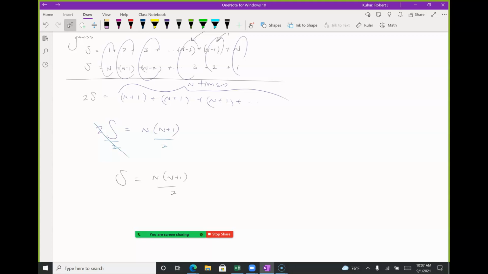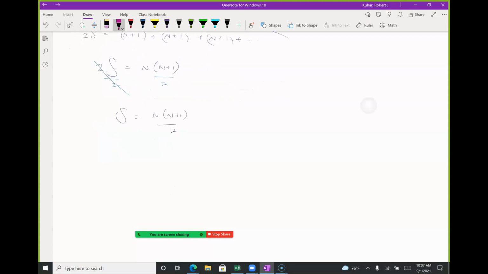So let's go back to that one problem we had here. We had the sum of k equals 1 to 5 of k plus 4, right? And I don't know if you can tell, but can't I just add up all the k's and then add up all the 4's, right?